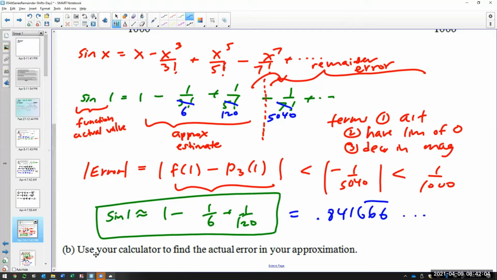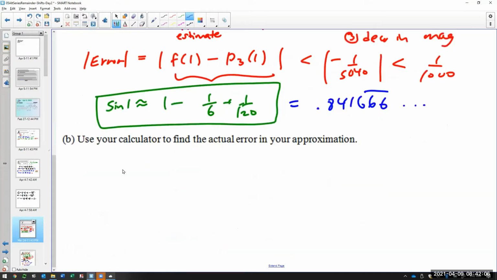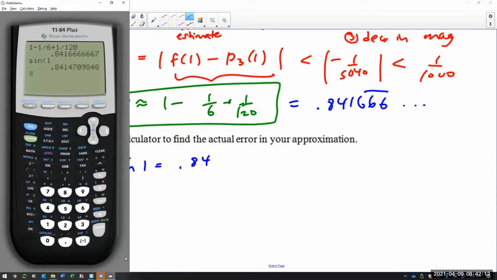My actual value for sine 1, the actual value you put into your calculator, is 0.84147. So let me go down here. The actual is 0.84147, and I just subtract. Take this and subtract this number up here, and I get this error: -1.9568 times 10 to the -4.